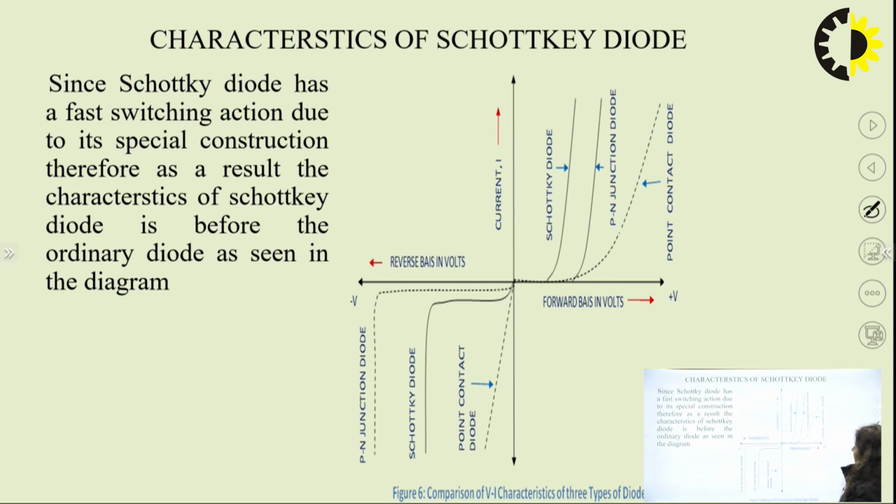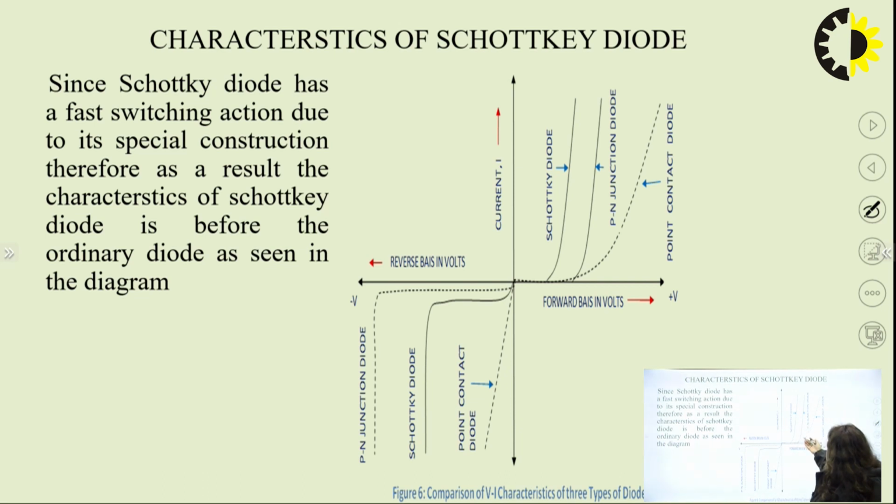So coming to the characteristic of the Schottky diode, since Schottky diode has a fast switching action, we already discussed, due to its special construction, as a result, the characteristic of Schottky diode is different from the ordinary diode as seen in the diagram. So you can see, we have plotted both the PN junction and the Schottky diode V and I characteristic.